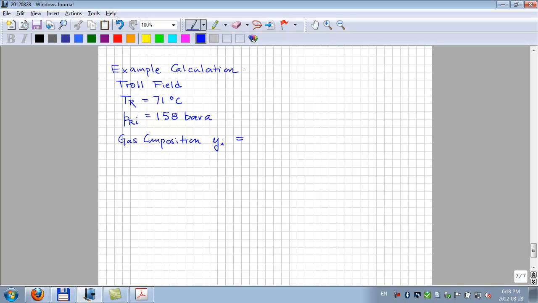Now, I don't know if we went through these definitions yet, I don't think so. But basically, molar composition is defined as the moles of component i, in this particular case in a gas phase, divided by the number of moles of total gas. Okay? So that's a mole fraction. That's how it's defined.